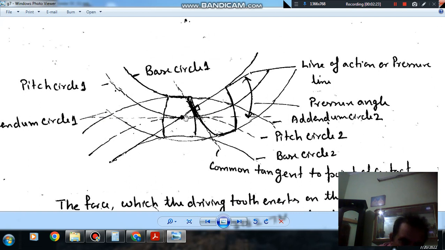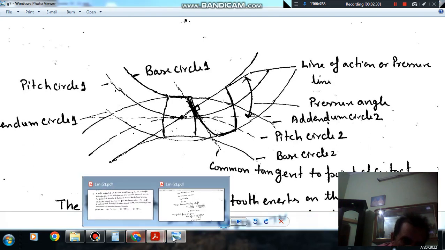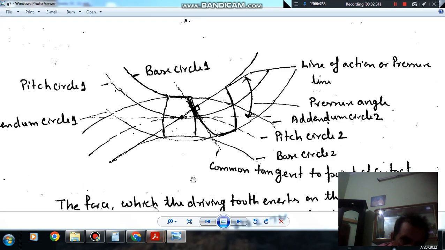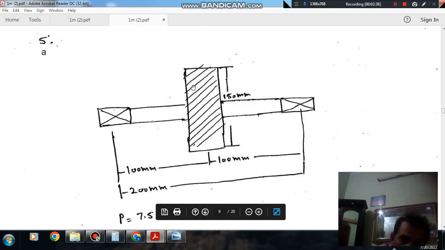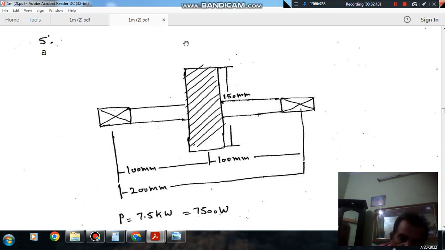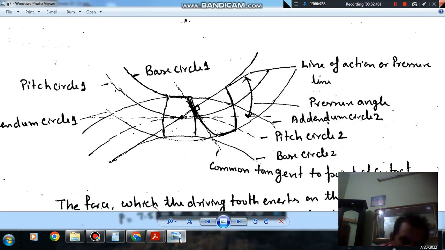This torque is transmitted by the force along the common tangent to both the gears in mesh, because power is being transmitted. There is one gear, and the power is transmitted by meshing with another gear. Suppose another gear is here, and this is the common tangent of the two gears, and the power is transmitted by the force along this line.